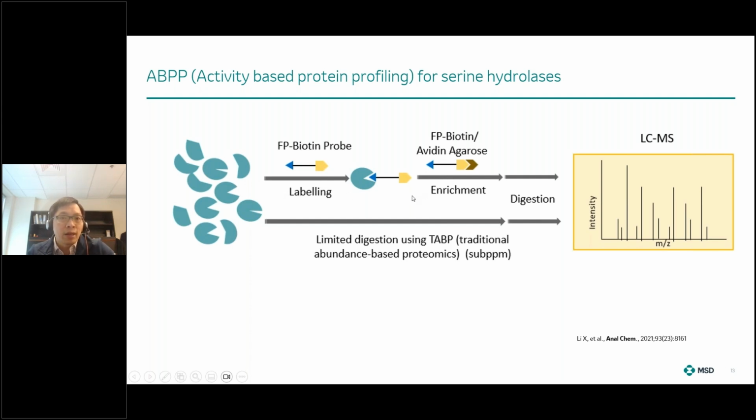Then we can use avidin beads to specifically enrich those labeled enzymes, so we significantly remove the sample matrix, for example the monoclonal antibody in this case. Compared to a traditional workflow, we significantly reduce the background and increase the sample dynamic range, while also providing an activity readout.